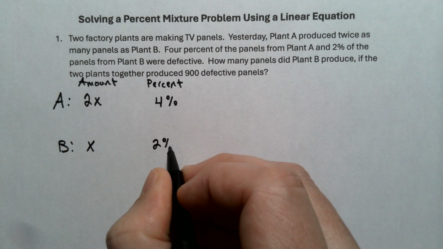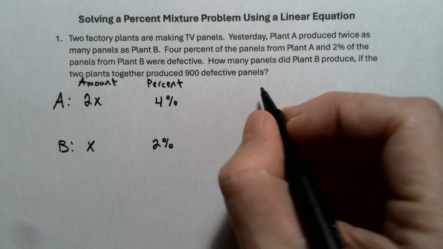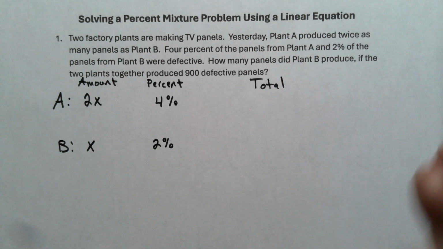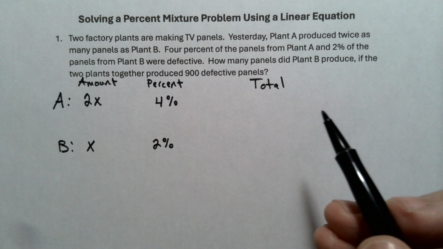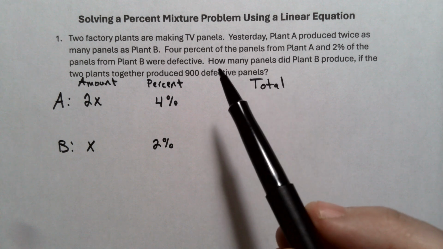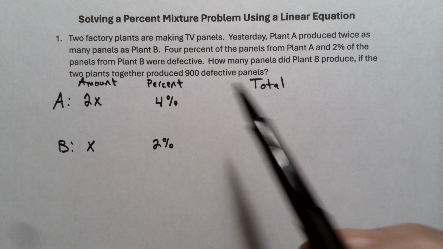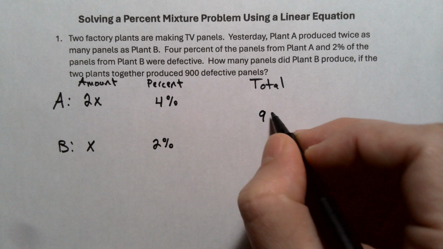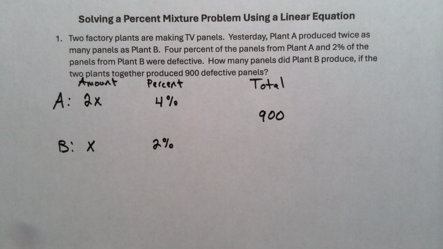So 2%. And now our total over here will be everything put together. The total defective panels is what we have here, so that's going to be equal to 900. Okay, so there's our information.